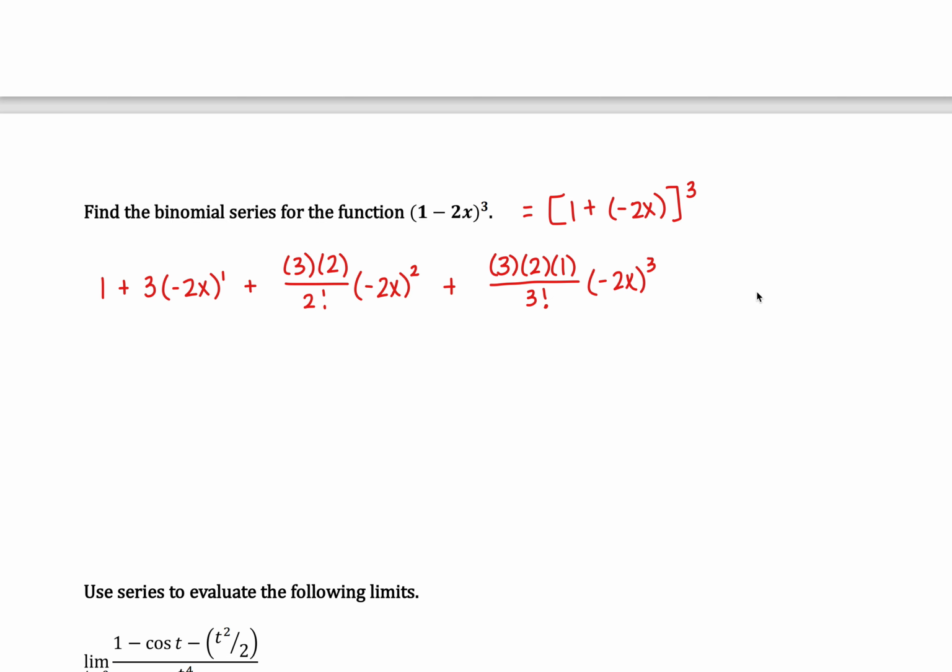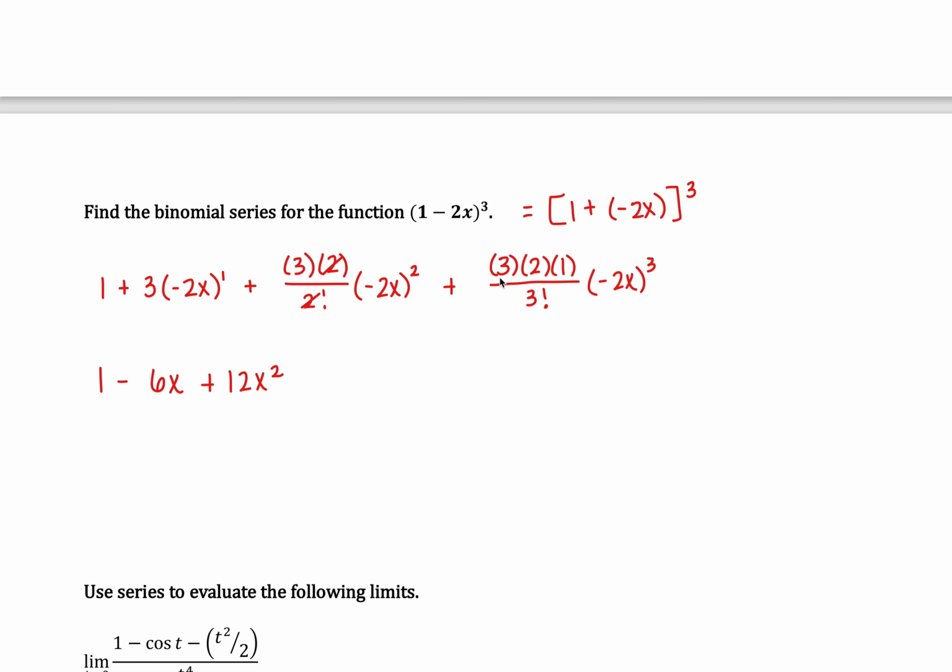So let me clean this up a little bit. We're going to have 1 minus 6x. Since 2 factorial is just 2, these 2's are going to cancel. Negative 2 squared is 4, so you have 3 times 4, or 12x squared.